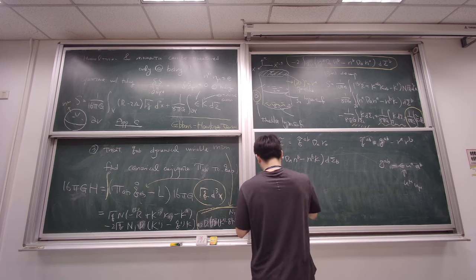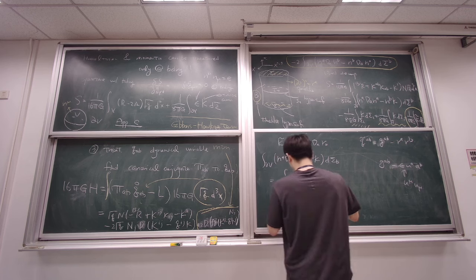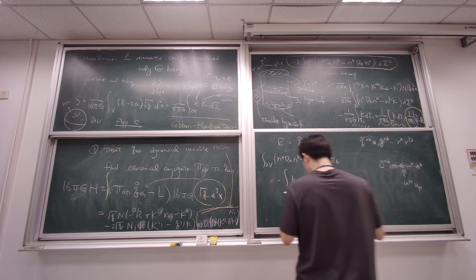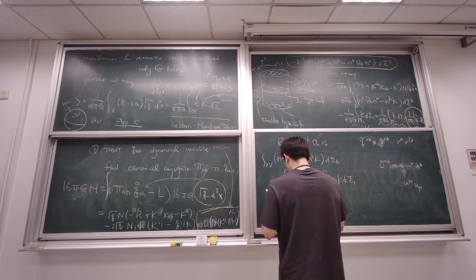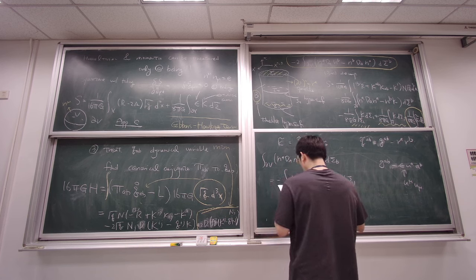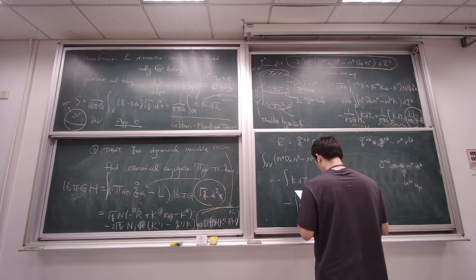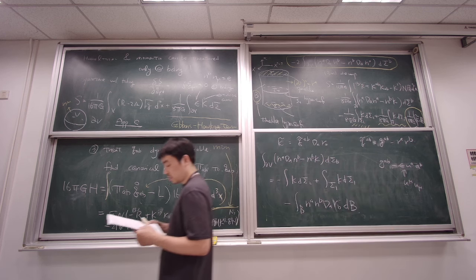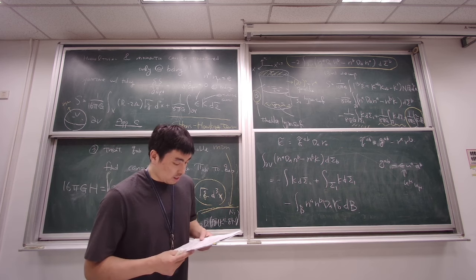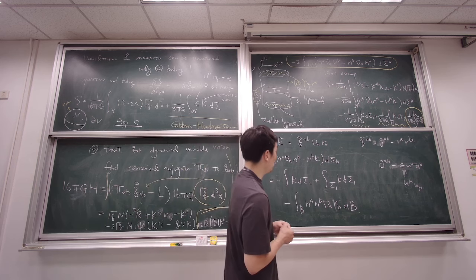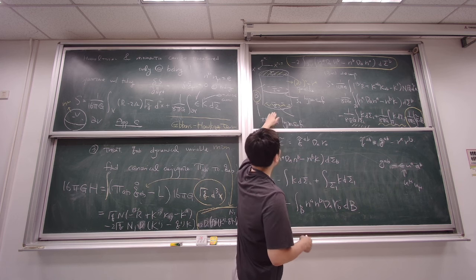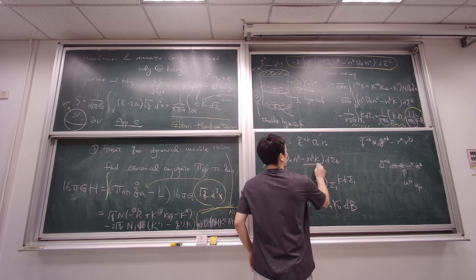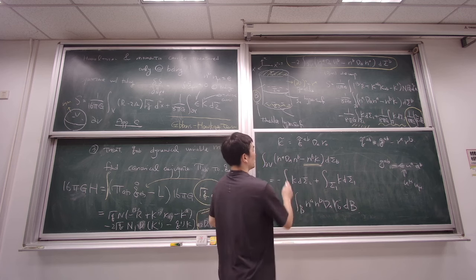Minus K d sigma 2 plus sigma 1 K d sigma 1, and then minus N A N B nabla A del R B. So essentially, the contribution on the space-like hypersurface is really coming from the second term, whereas in the space-time we really see this one.